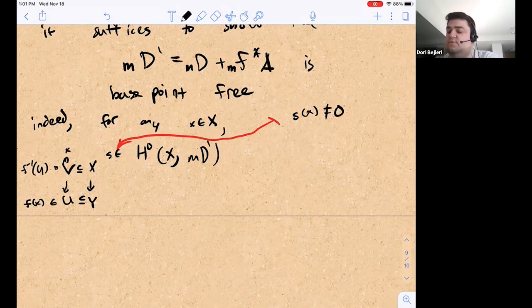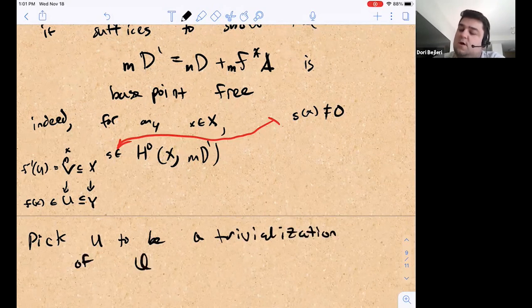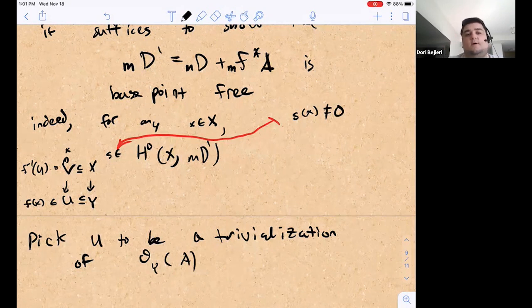But pick our U to be a trivialization of O_Y(A). So then on our U, the A piece is just trivial.